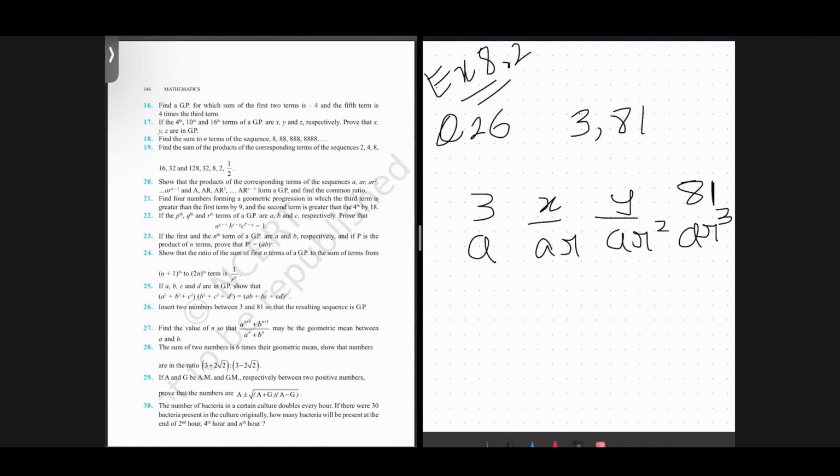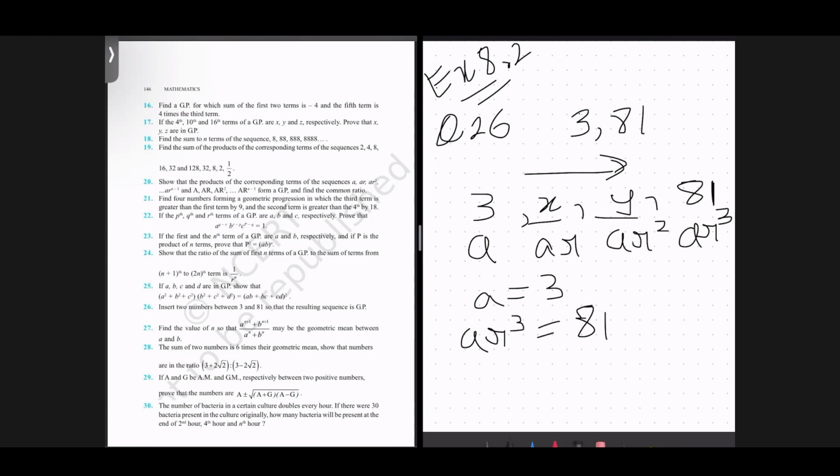So when you insert two terms X and Y between 3 and 81, the GP that you get has terms A, AR, AR square and AR cube. Now we know that A equals 3 and AR cube equals 81.